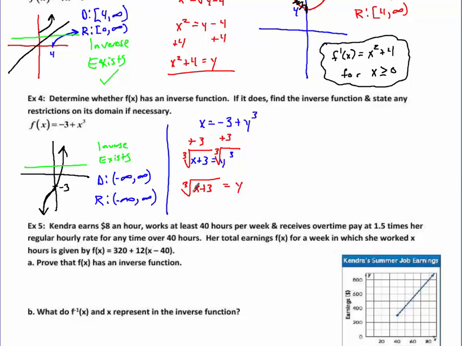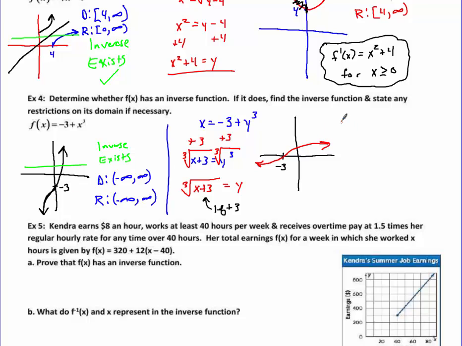Well, you know this parent function also, so hopefully you know that this means left 3. So when we graph this thing, go to negative 3, and hopefully you remember what this looks like. It's the same as this one, except it's kind of flipped over, right?